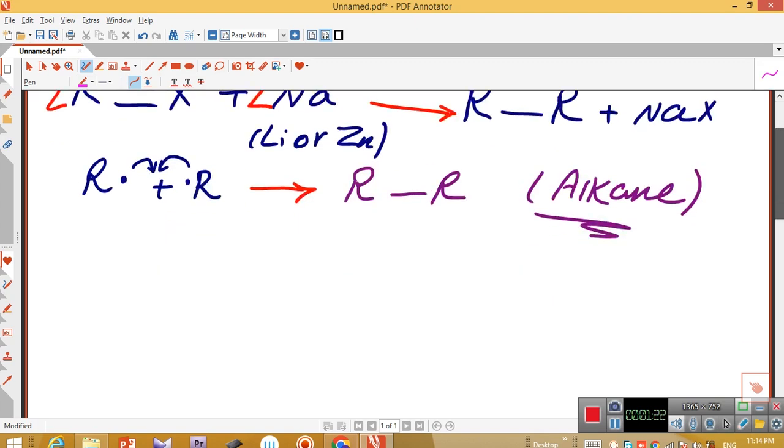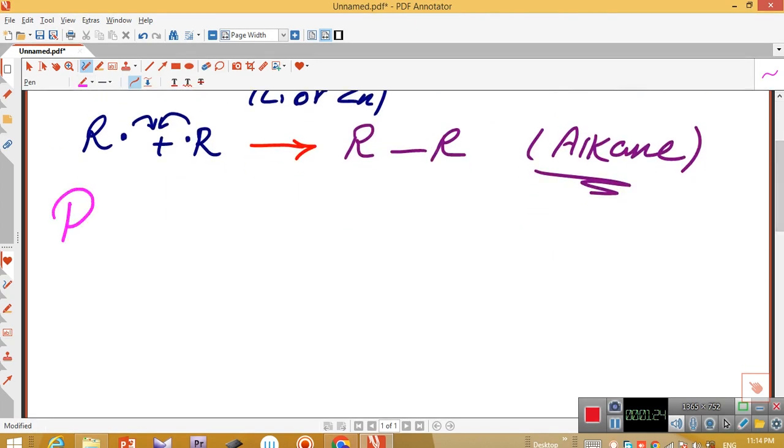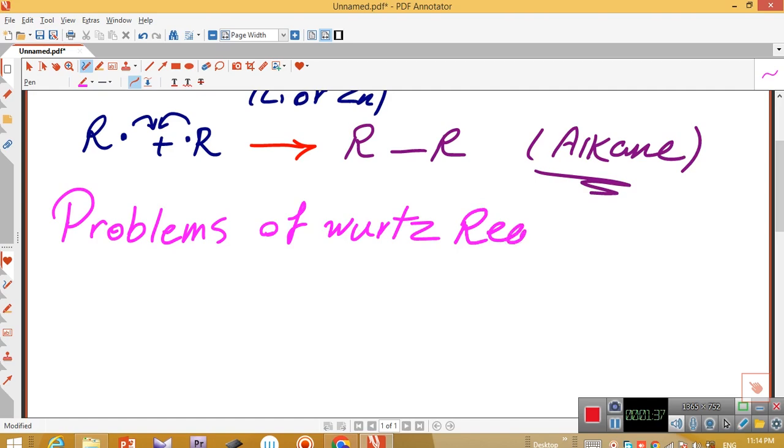But my friends, in this reaction, the alkyl halide is just one type. We only have one type of alkyl halide, so our alkane is symmetric. But what about asymmetric alkanes? This is where we are going to talk about the problems of Wurtz's reaction.